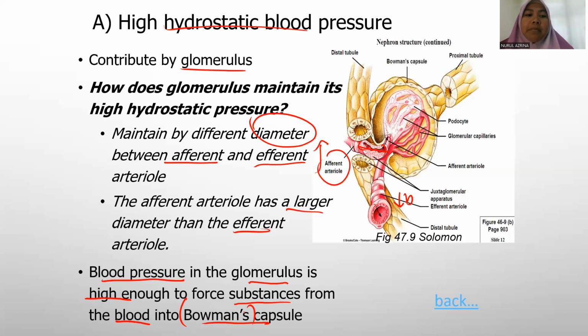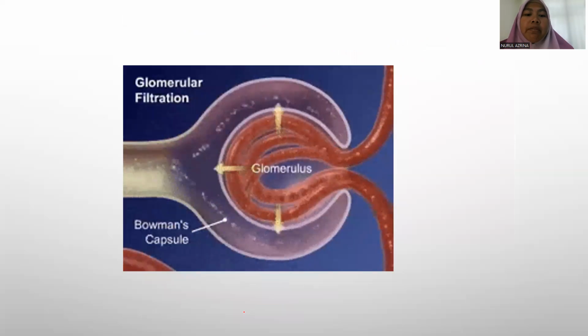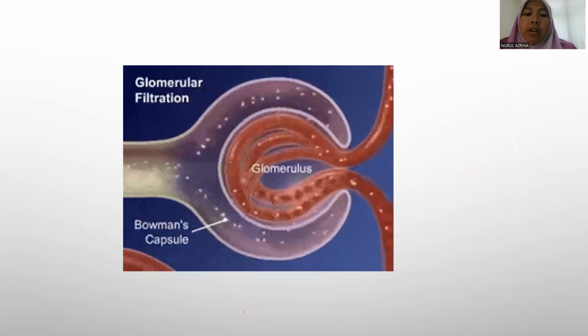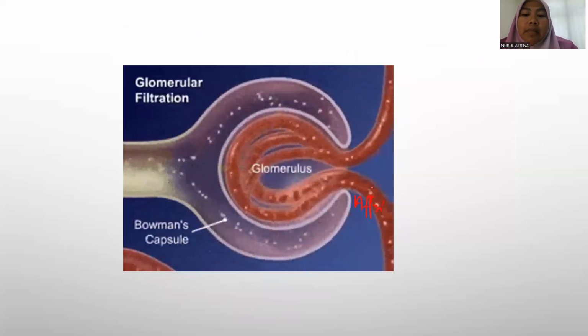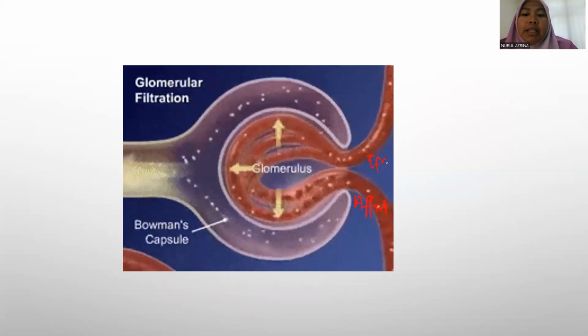So you can see from here, this is the picture of the glomerulus, where this is the afferent arteriole, and this is the efferent arteriole.